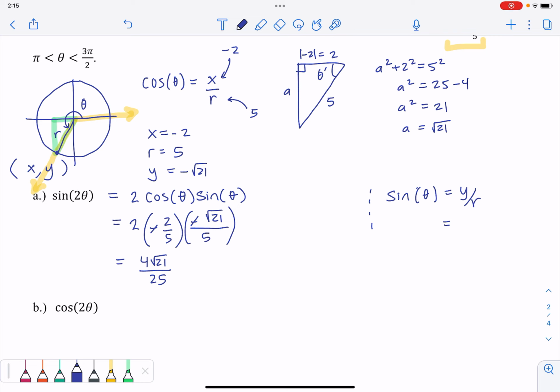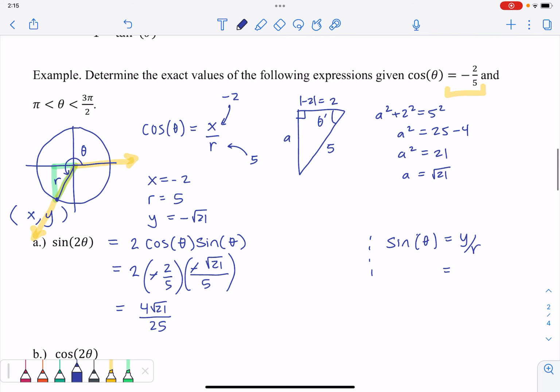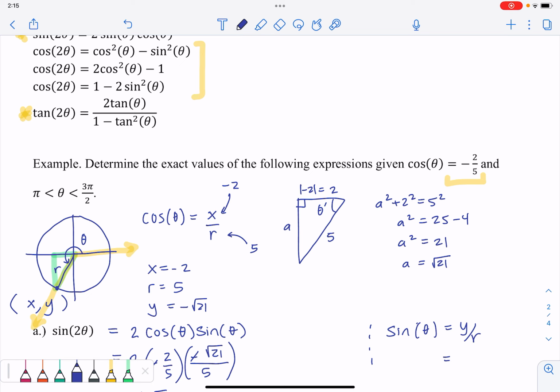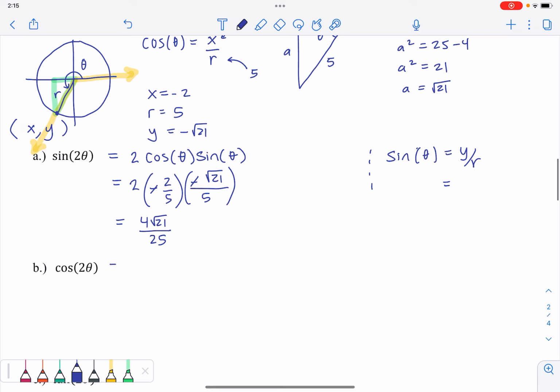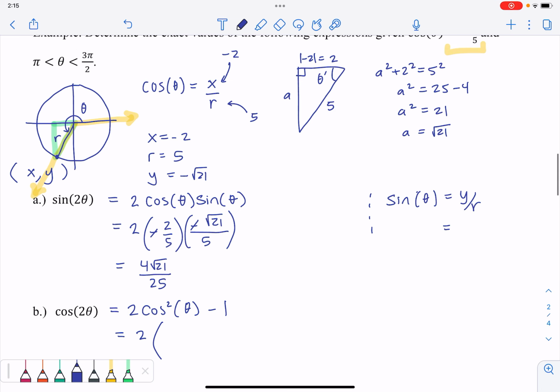All right, what about cosine of 2 theta? So sometimes you have to go up and ask, which one do I want? It doesn't really matter which one we use, but since we were given the cosine, maybe we'll use 2 cosine squared theta minus 1. So this will be 2 times your cosine value, that was negative 2/5, being squared, and then take away 1.